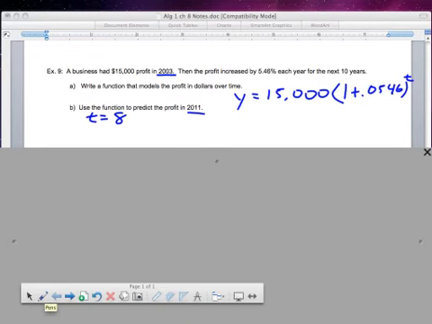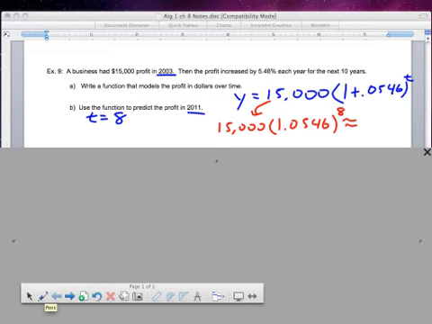And so now I take this function I already have, and I'm just going to very simply bring this down and plug in 8 for T. So 15,000 times 1.0546 raised to the 8th power.